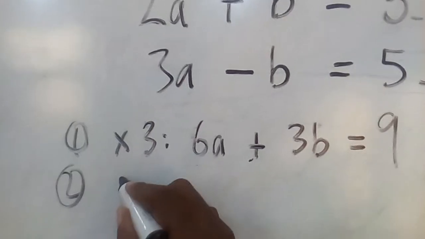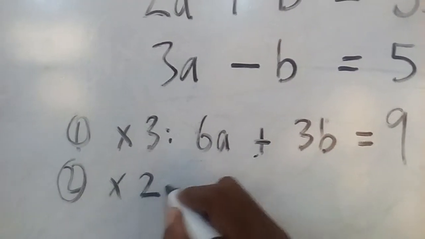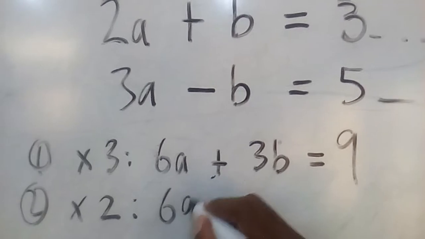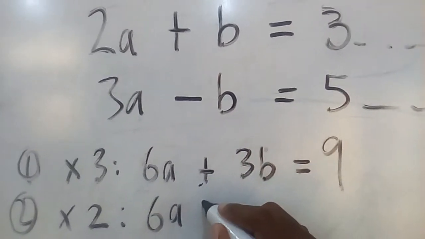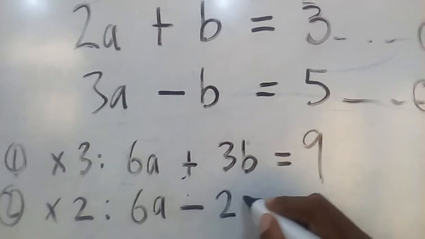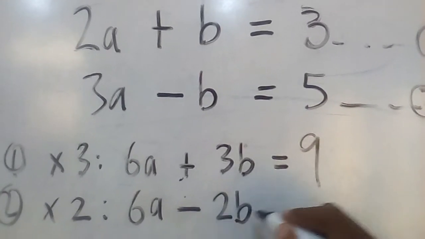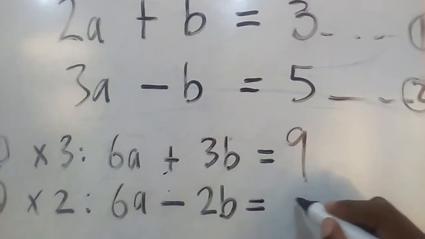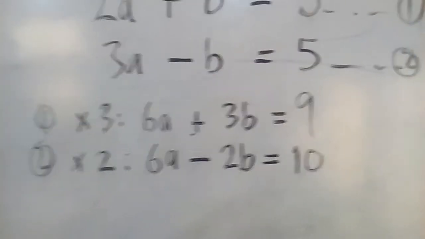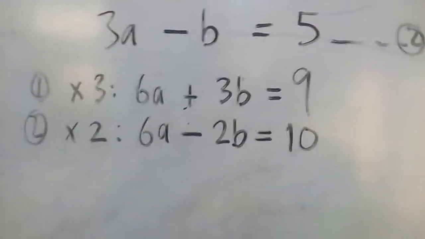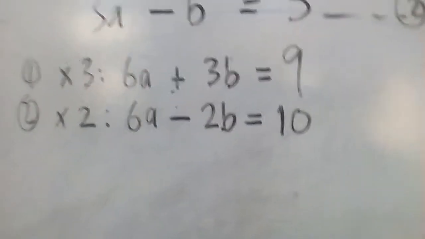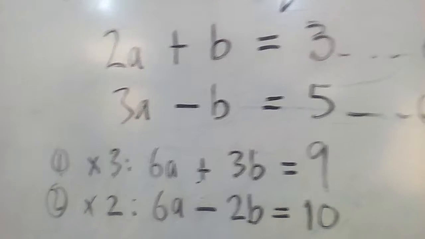So I'm going to go times 2, and I would have again 6a minus 2b equals 2 times 5 is 10. Okay, so now we come up with two new equations, just slight modifications of the first two we started with.